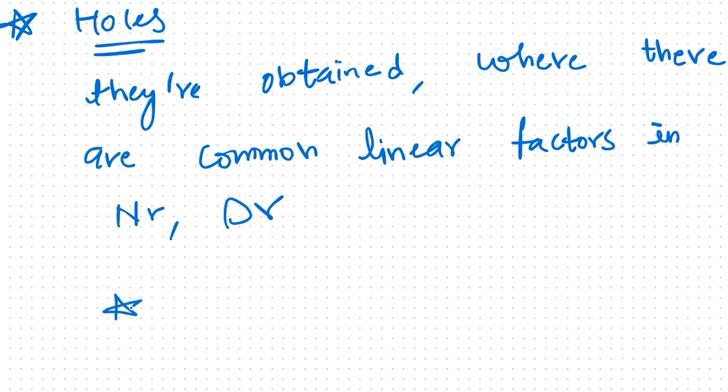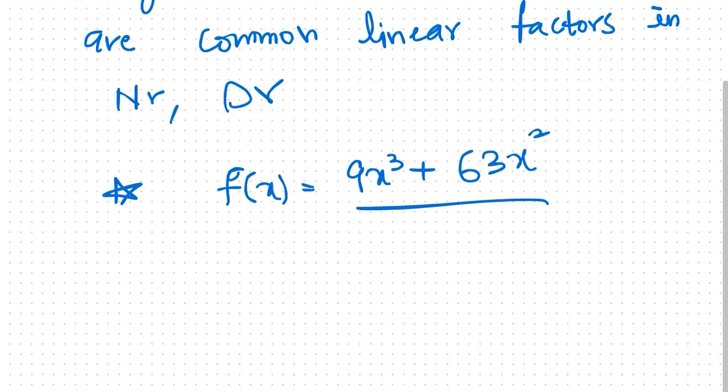Okay. So let's say f of x is equal to the rational function (9x cubed plus 63x squared) upon (x squared plus 7x plus 7).